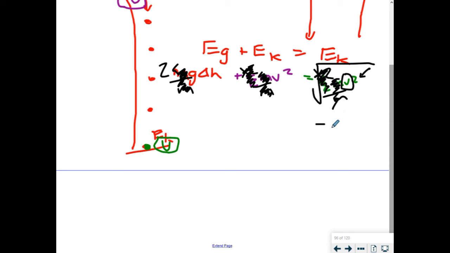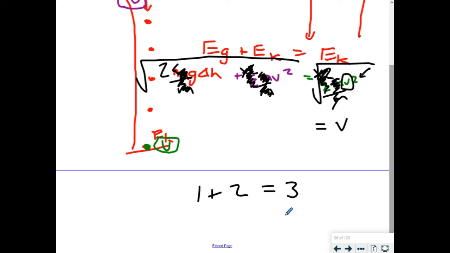It means that I'll be left with just velocity. We have to square root this entire side right here, which means the entire piece of this has to get square rooted. And one of the reasons why that matters is that if I were to give you, for example, 3 equals 1 plus 2, okay? Would you agree that that's a true statement? 3 is 1 plus 2? Okay.